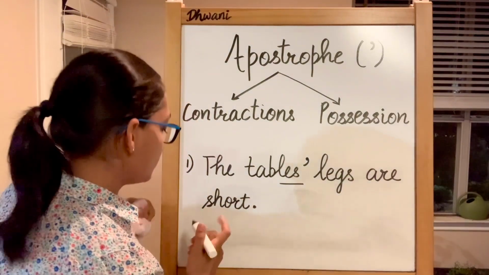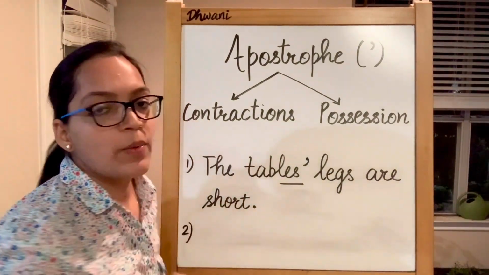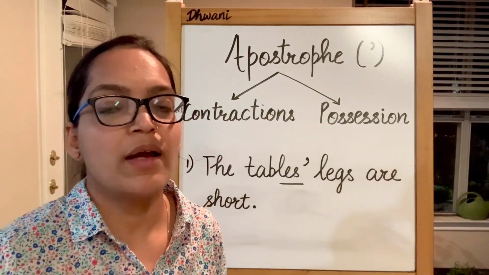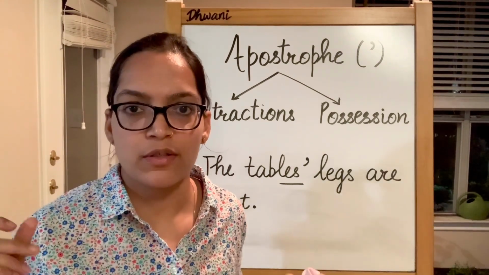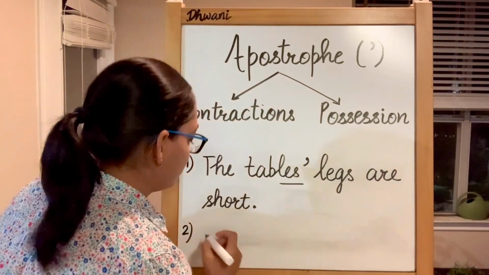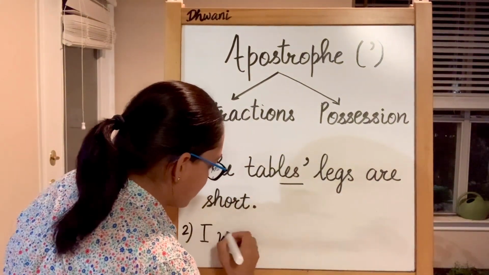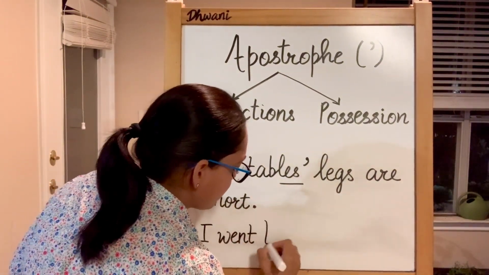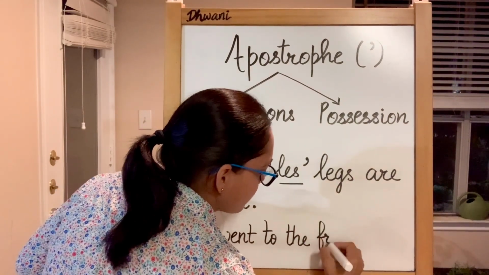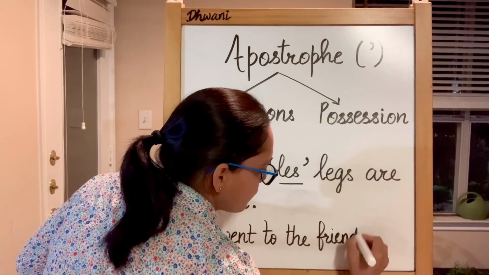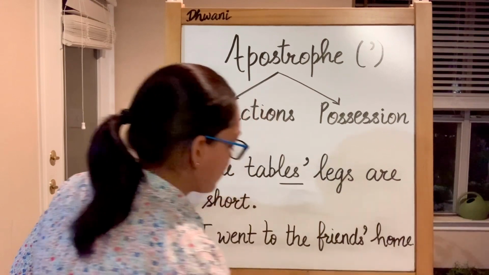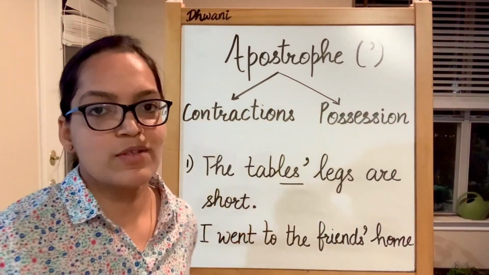Now the next sentence was, I went to a friend's house. I am going to keep the sentence the same, but here I am going to talk about lots of friends. So if you go to lots of friends' house, how are you going to say that? I went to the friends' home.